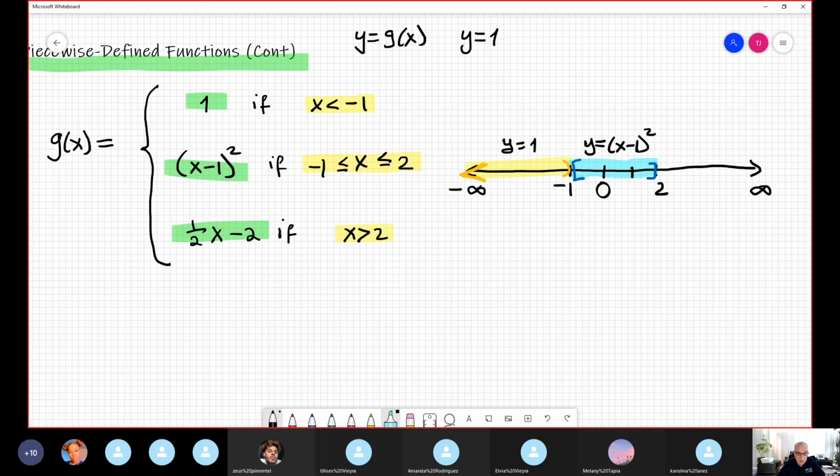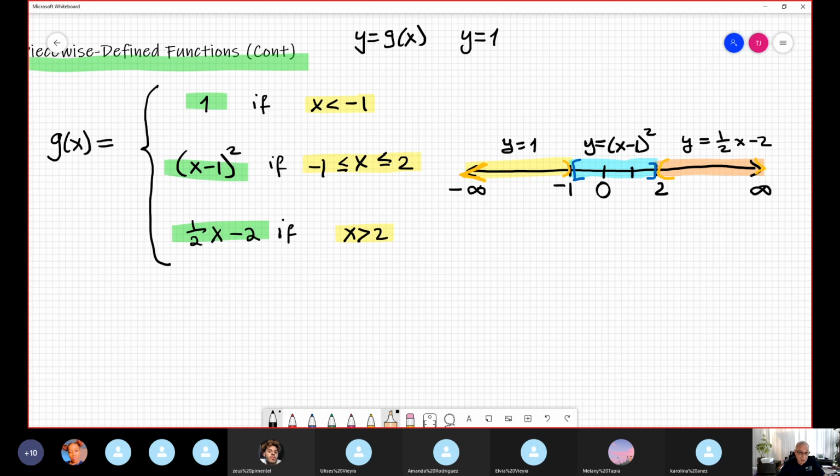Finally, another color, maybe orange is good. And this interval, with 2 not included, goes in this direction, and this is a parenthesis. Then the expression is y equal 1/2 x minus 2.